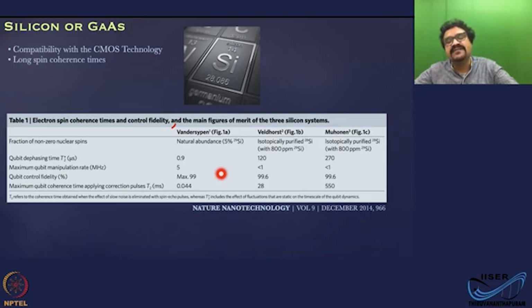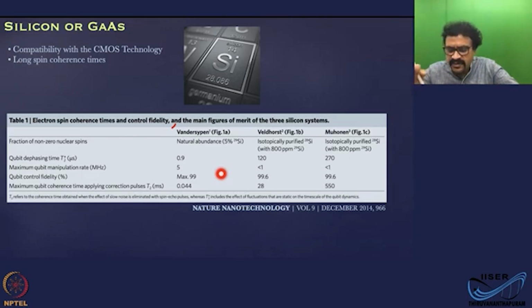That is, it has very, very short spin coherence time because of the nuclear spins present in the system. That slowly varying nuclear field is going to decohere the electron spins. That is exactly where silicon, as a wonder material, steps in. Silicon 28 is a natural isotope, which is 94 to 95%.